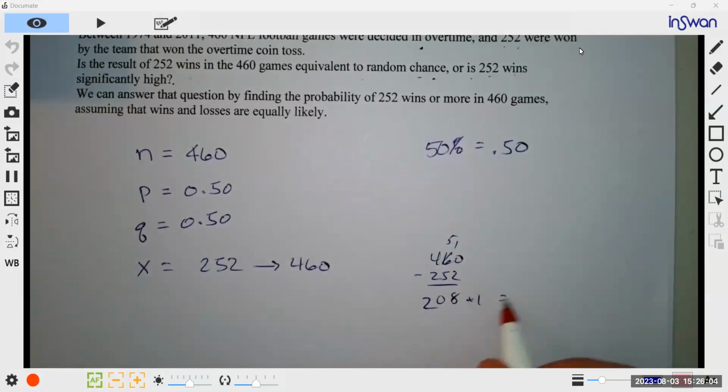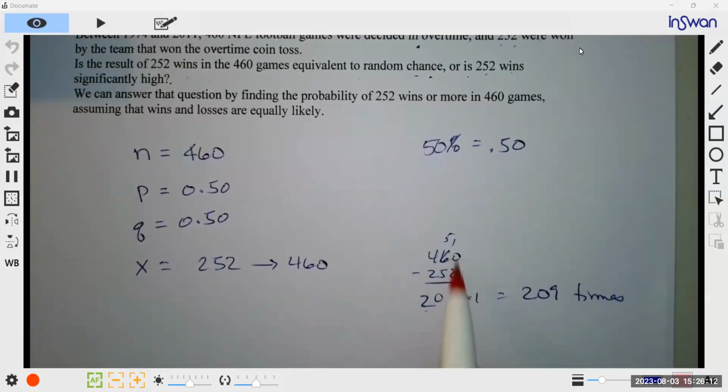So that equals 209 times. Because there's 208 numbers from 252 to that, plus you have to count 252, so it's 209 times. So we wouldn't use a calculator for that.